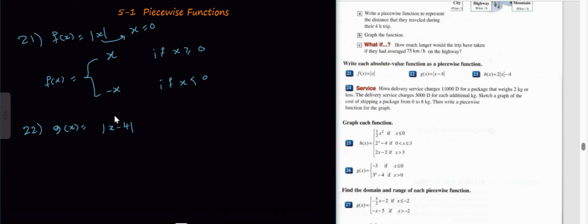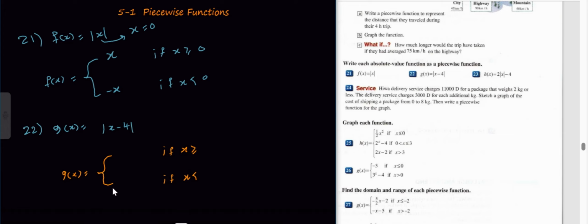For every question, we are going to deal with the absolute value. We are not going to deal with the others. Most of the time we are going to deal with the absolute value. First, write the piecewise function. This is always like that.